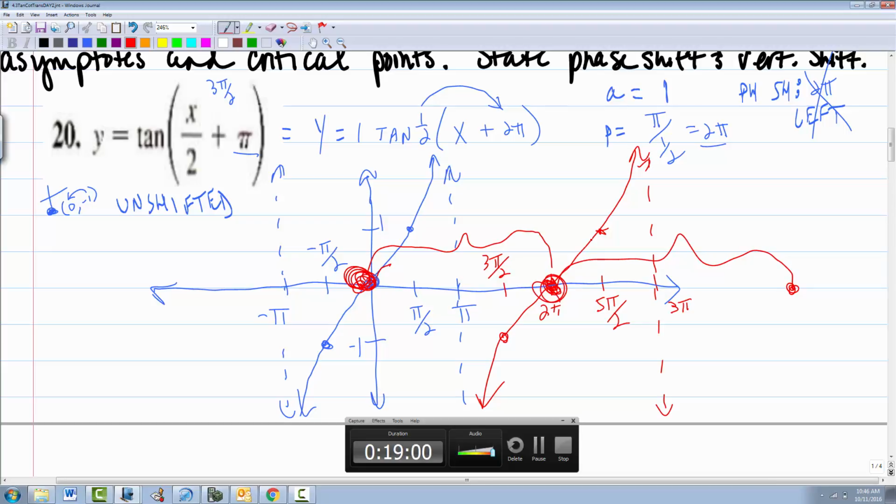So just look at the red graph and the blue graph. If I take the red graph and move it 2 pi to the left, it becomes the blue graph. This graph goes on forever. So there is a tan over here, there's a tan over here, and when I move this blue one left, it ends up being that one. It pastes and copies right on top of itself when the period and the phase shift are equal.